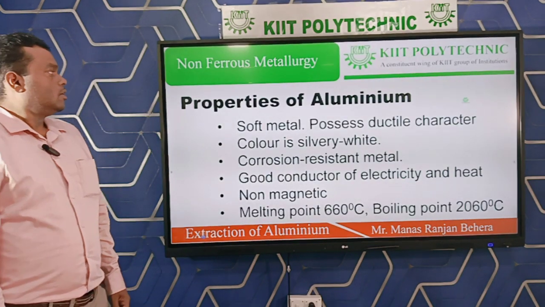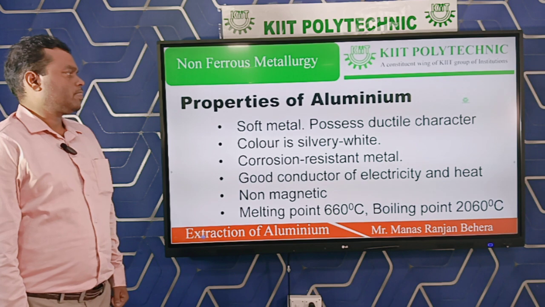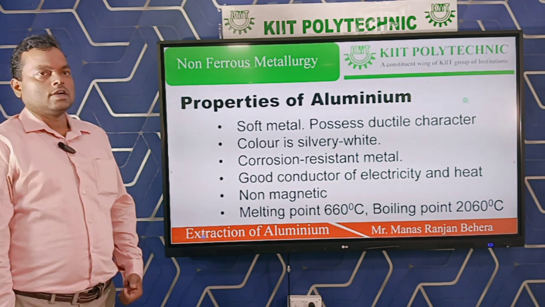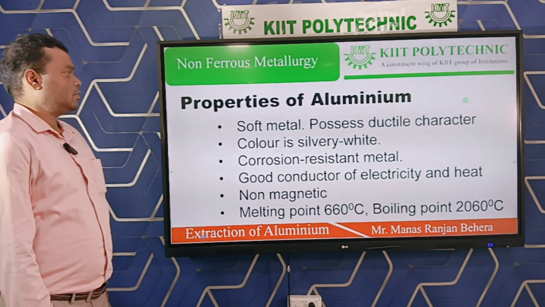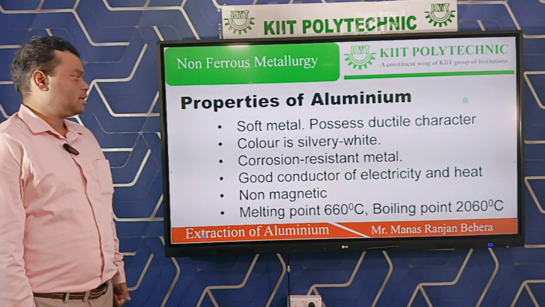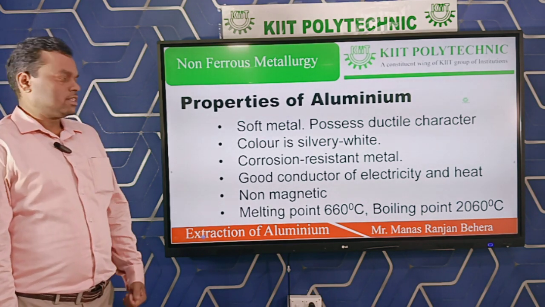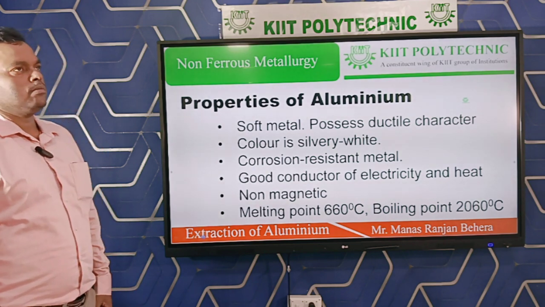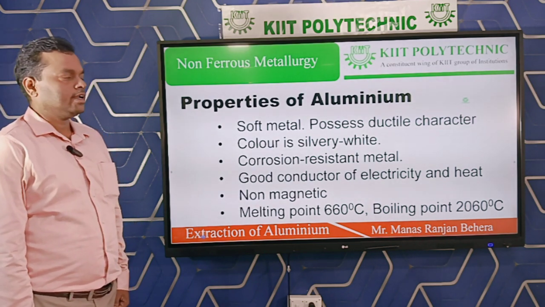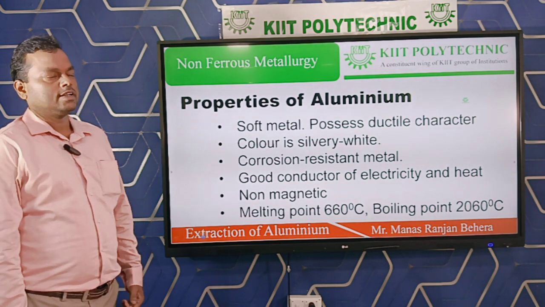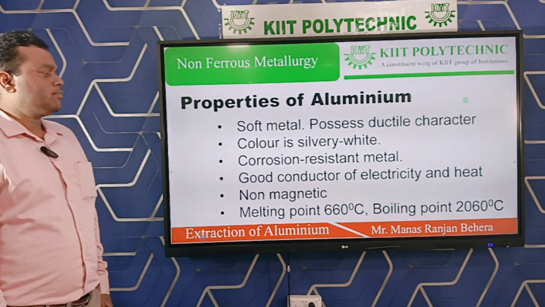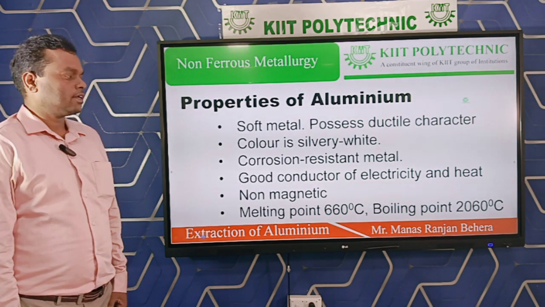Okay. So properties of aluminium. Aluminium possesses a ductile character and it is a soft metal. Aluminium is also a very good conductor of heat and electricity. It is a non-magnetic metal, and the melting point of aluminium is 660 degrees centigrade.